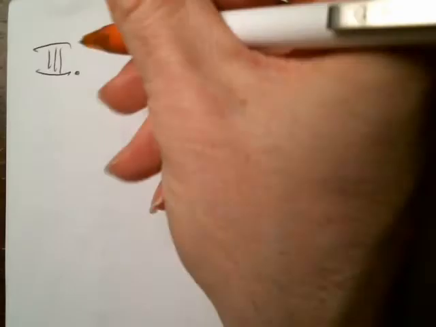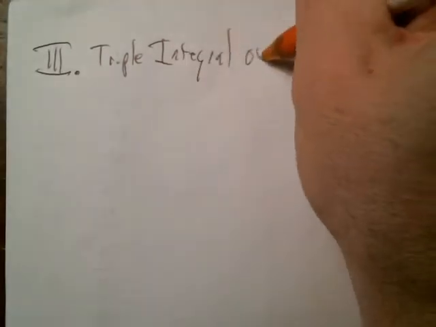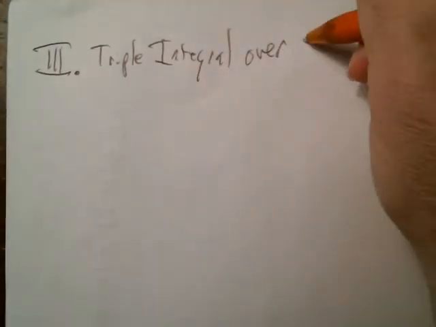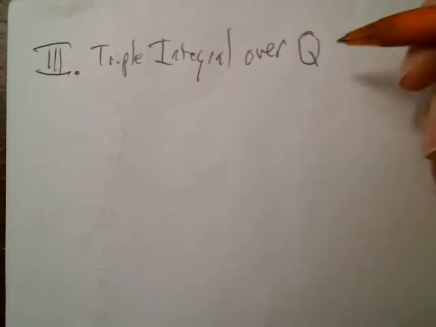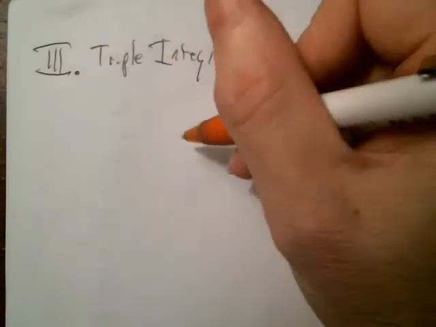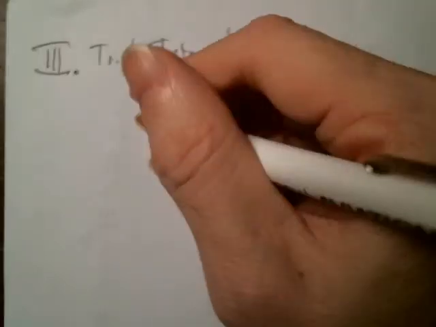And along the way, we're going to be maybe applying some function to each one of the little cubes that we're adding up. So the triple integral over a solid object, which we'll call Q. So you kind of recall how this pans out.